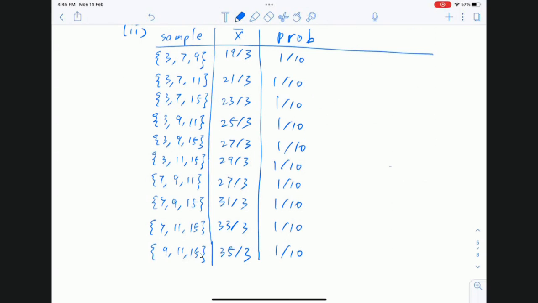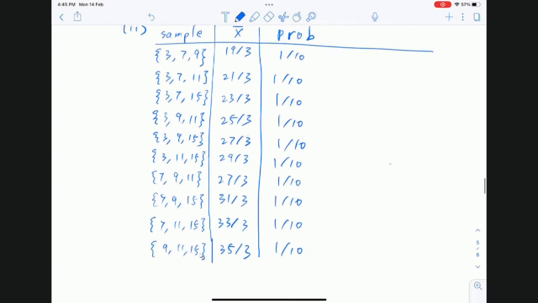Then you can just make use of this to compute the sampling distribution, the expectation of the sample mean.